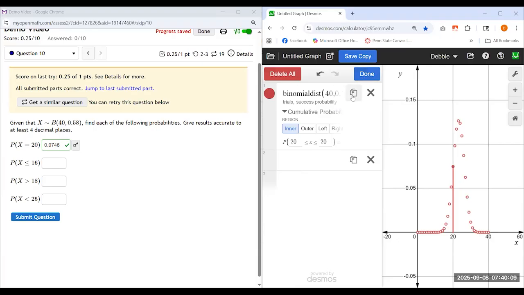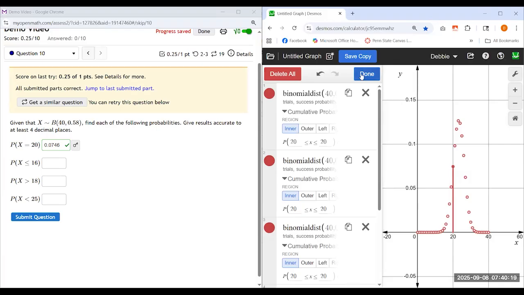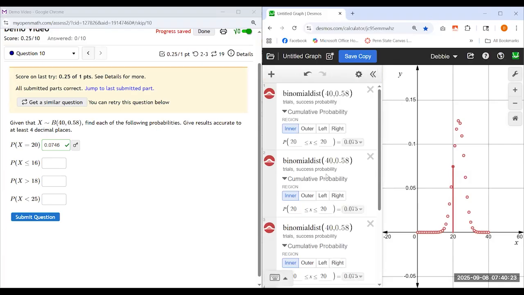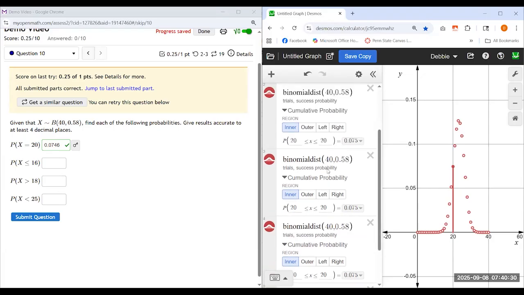And when I click on that, now it's giving me a duplicate icon. So I could duplicate this once, or I could go ahead and duplicate it 3 times, since I've got 4 parts over here. So now all of the work for this whole problem will be in this graph if I'm going to share the graph later for supporting work. All right, so let me go to my second line of my binomial dist.